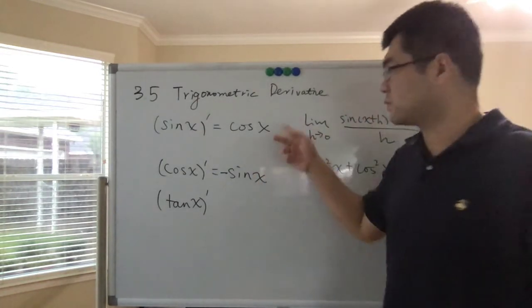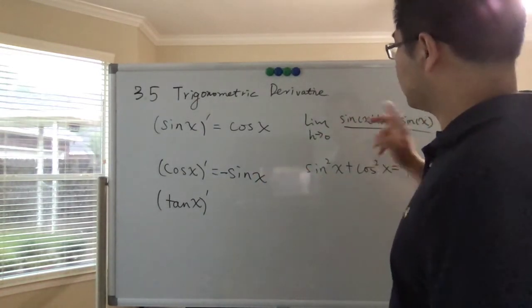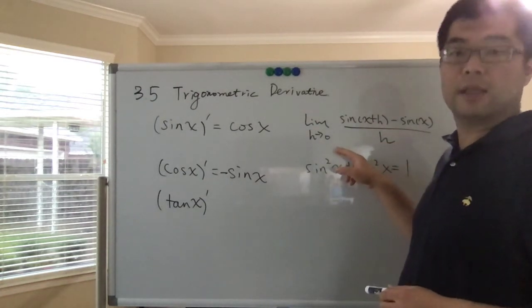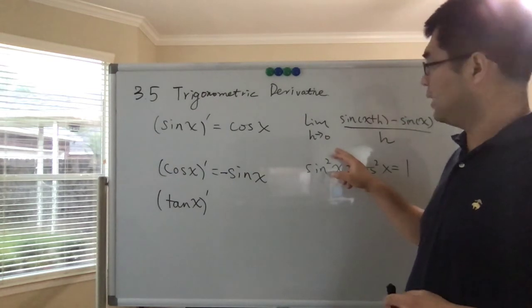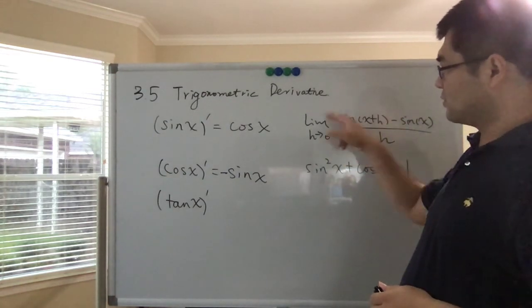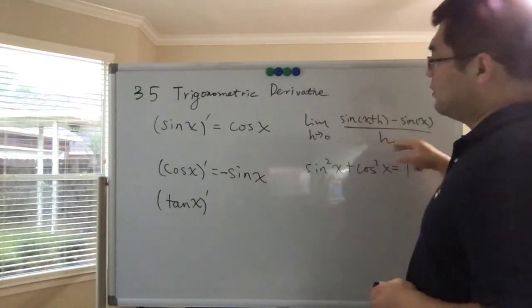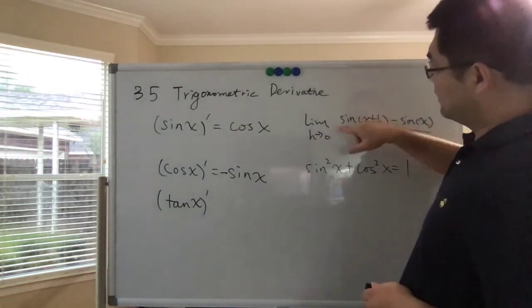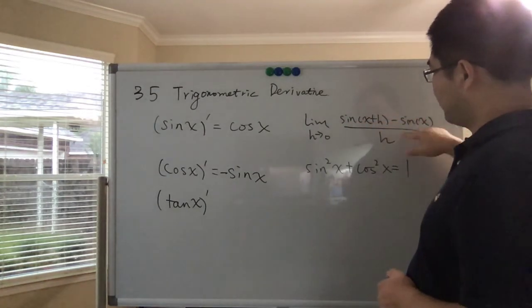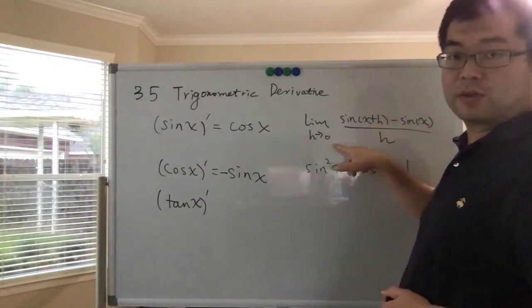Where are those two from? Again, guys, it all starts from the limit definition. Let f of x equal sine of x. Following the limit definition of the derivative, you evaluate the limit of sine of x plus h minus sine of x over h as h approaches 0.